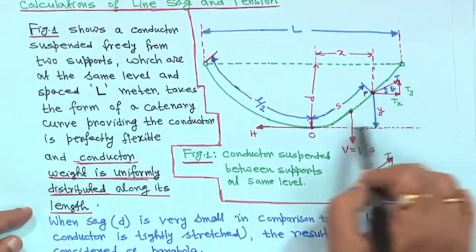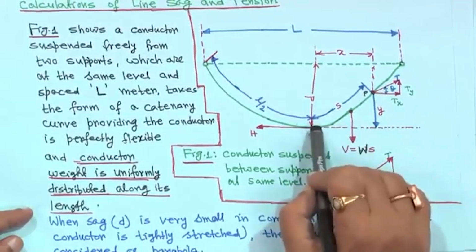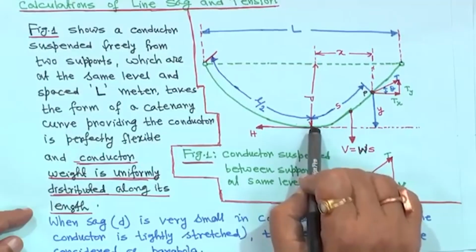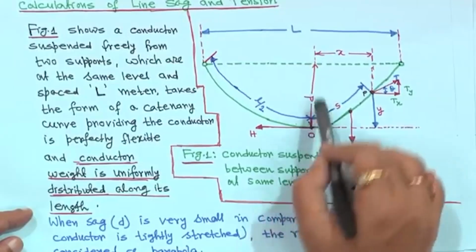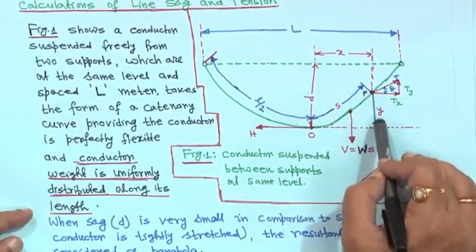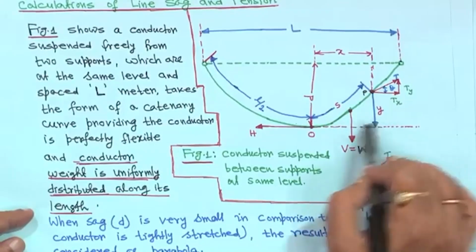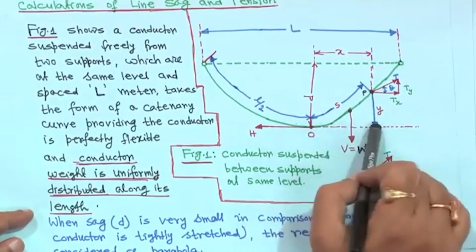The distance from the horizontal line at O, the lowest point of the conductor, where the sag is maximum, to point P is y, small y.